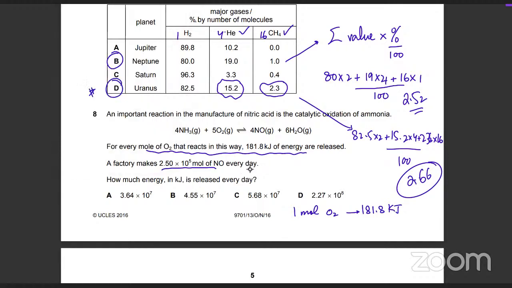So if it produces 2.5 times 10 power 5 moles of NO, how much O2 is actually reacting? The mole ratio is 4:5. Divide this by 4, multiply by 5.